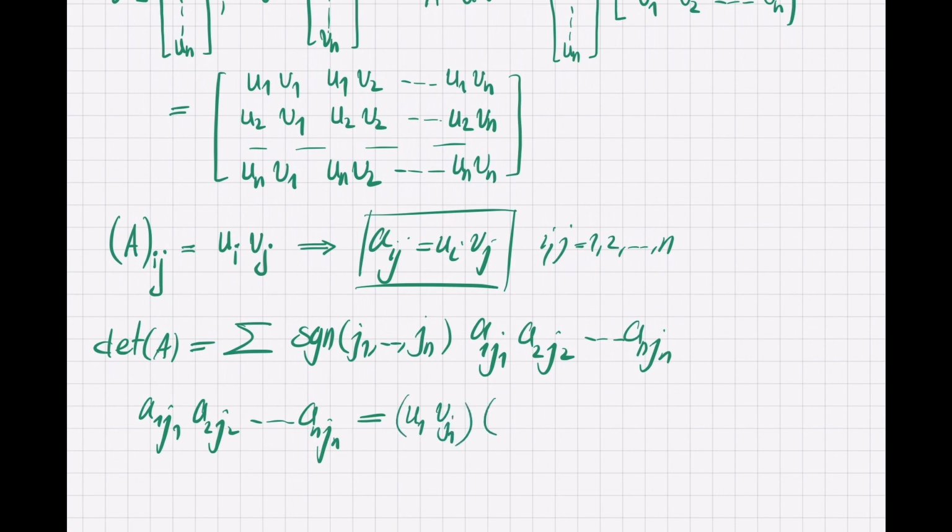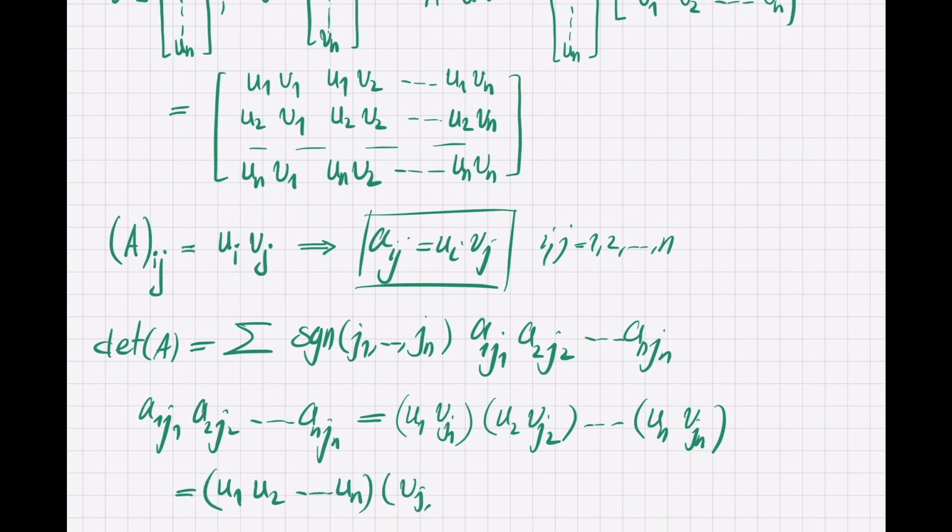Yes, and the next one, a2j2, becomes u2 v_j2. And then you can continue until the end. The last one becomes un v_jn. Yes. But what can I write? I can write this is equal to u1 times u2 up to un, and then v_j1 v_j2 up to v_jn.